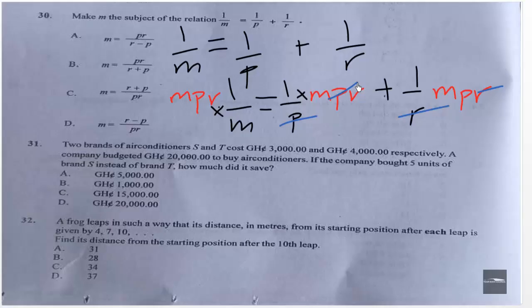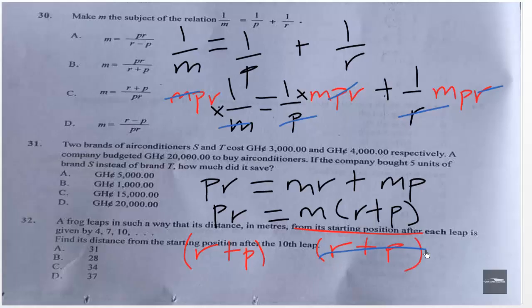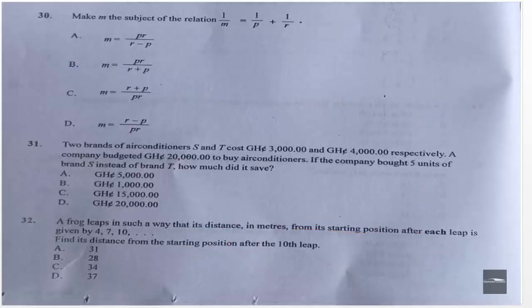So we cancel out, we cancel out, we cancel out. We are left with PR equal MR plus MP. Factor M into brackets R plus P or P plus R. So divide through by R plus P. So the correct answer will be option B.